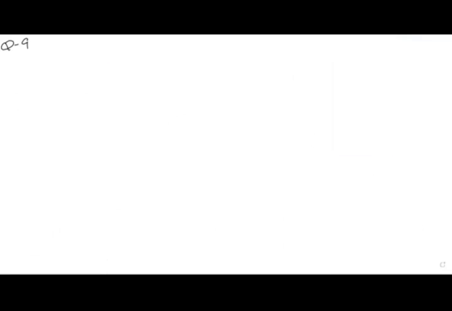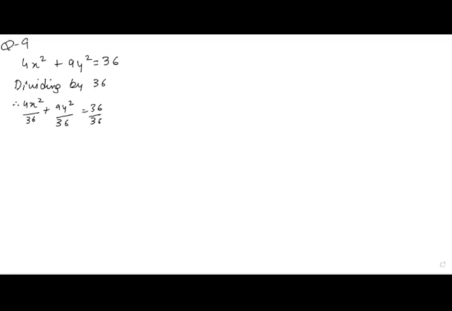Question 9. Again the equation of ellipse given is not in standard form. 4x square plus 9y square is equal to 36. So what I will do is dividing by 36. 4x square by 36 plus 9y square by 36 is equal to 36 by 36.